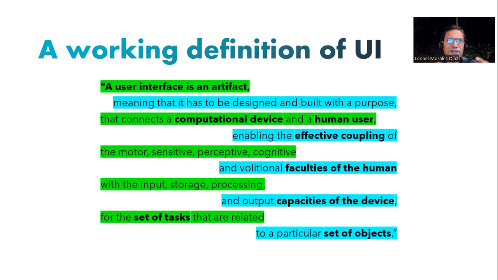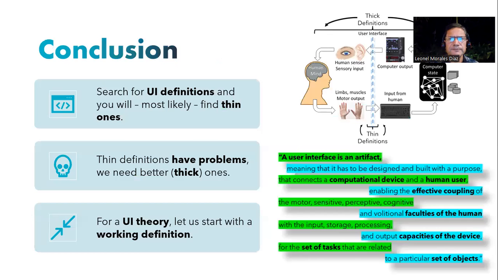So this definition conveys the idea that you have to consider the capabilities of the user and the possibilities of the device and try to couple them through the user interface, and that's what you have to design. So this is a more guiding definition.